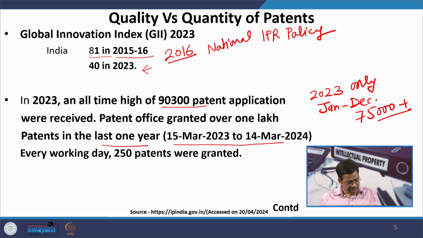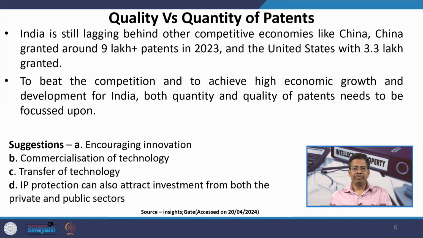But when you see this number with respect to countries like China and USA, in 2023, as per the Chinese Science and Technology Office, they granted 9 lakh plus innovation patents.